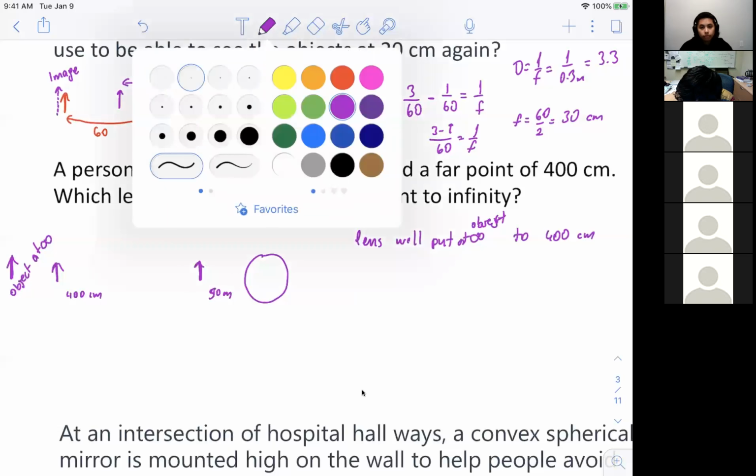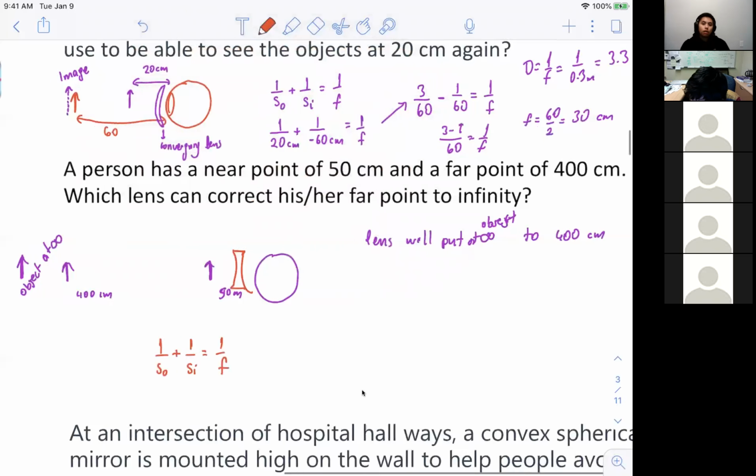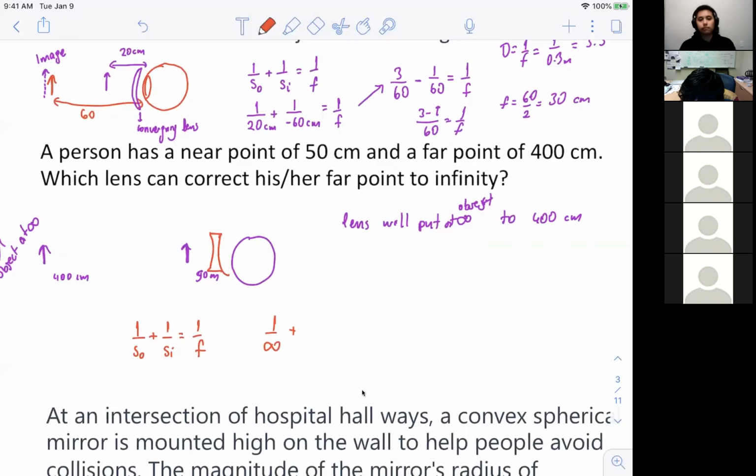So when you put a diverging lens in front of the eye, what's going to happen is, 1 over s object plus 1 over s image equals 1 over f. The 1 over s object is going to be 1 over infinity, and 1 over s image is going to be 1 over minus 400 centimeters, equals 1 over f. Again, the object and image are on the same side, so that's why I put minus 400 centimeters.